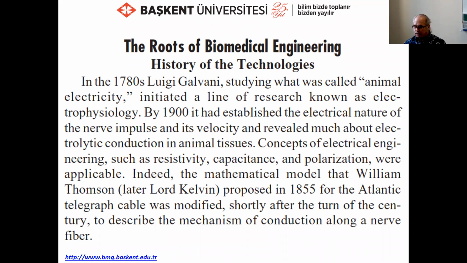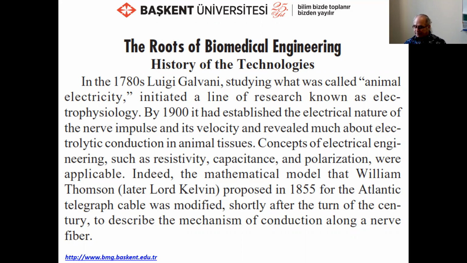Afterwards, in the 19th century, the electrical nature of the nerve impulse and its velocity were studied, revealing much about electrolytic conduction in animal tissues, and then concepts of electrical engineering such as resistivity, capacitance, and polarization were applicable.